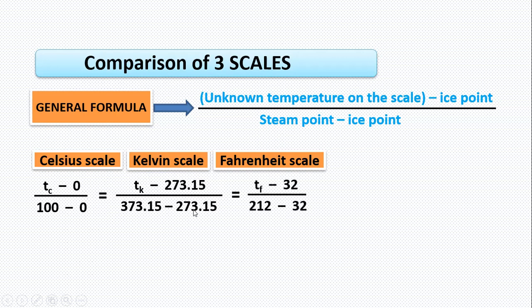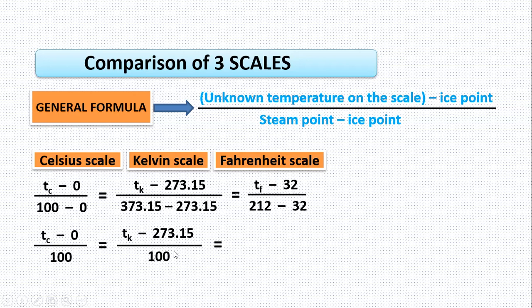Now what about Fahrenheit? In Fahrenheit, the temperature in Fahrenheit minus 32 divided by 212 minus 32. So here we get Tc minus 0 upon 100, then Tk minus 273.15 upon 100, and Tf minus 32 upon 180.